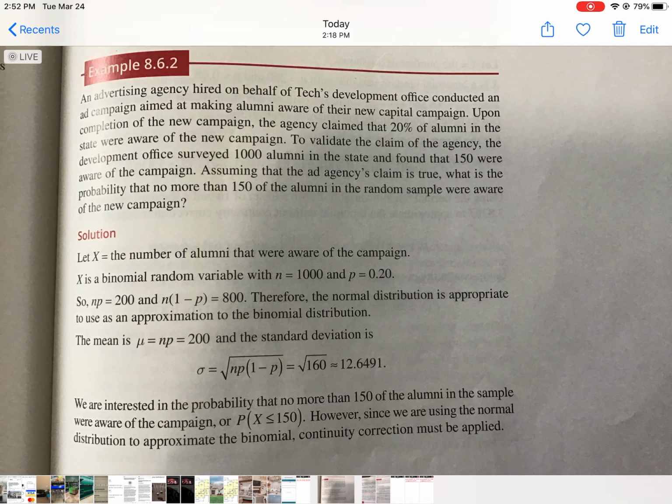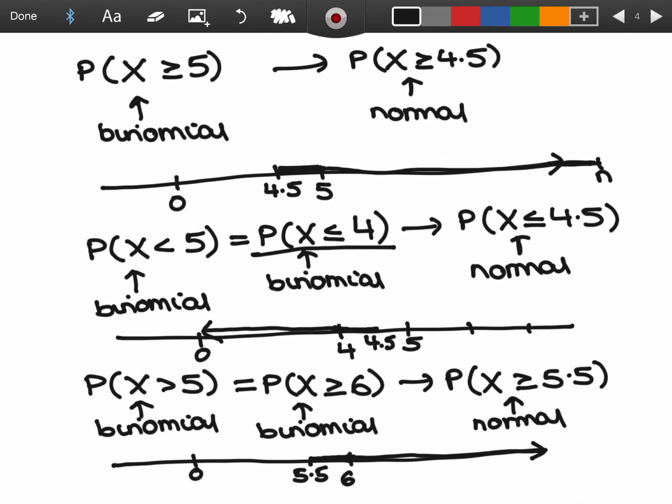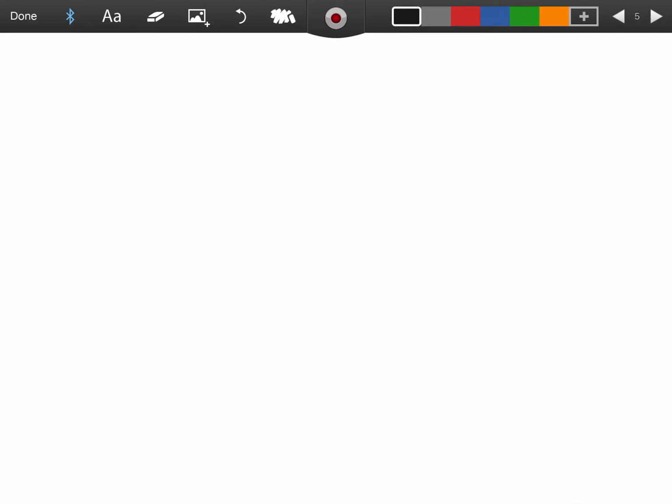We want the probability that X is less than or equal to 150.